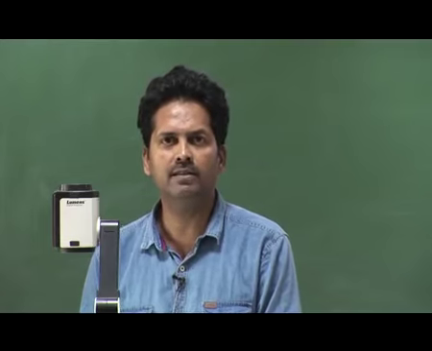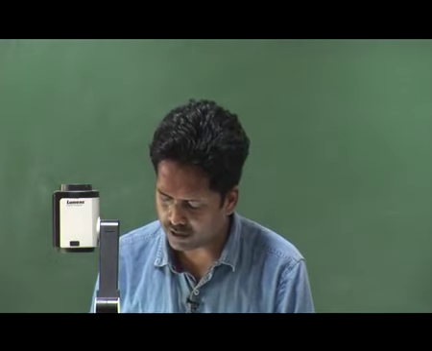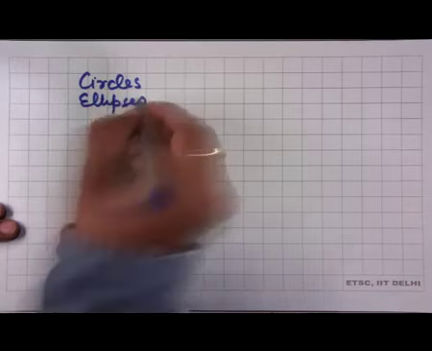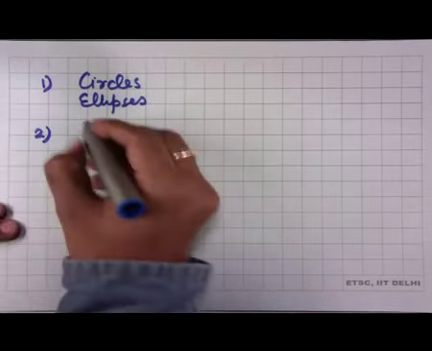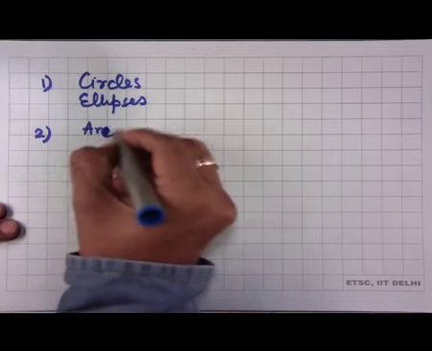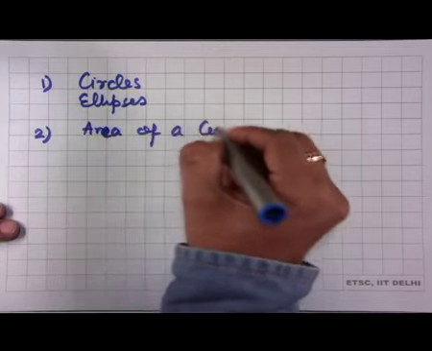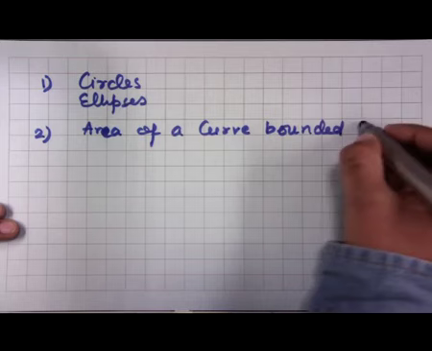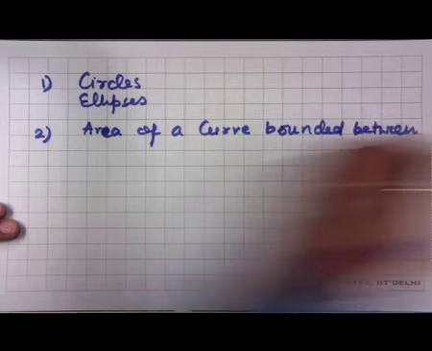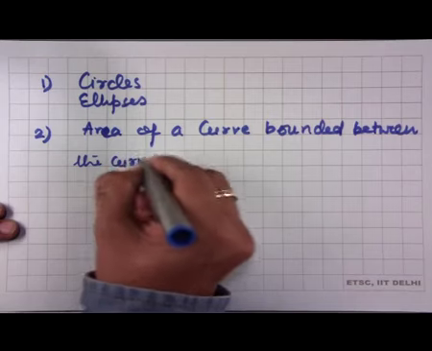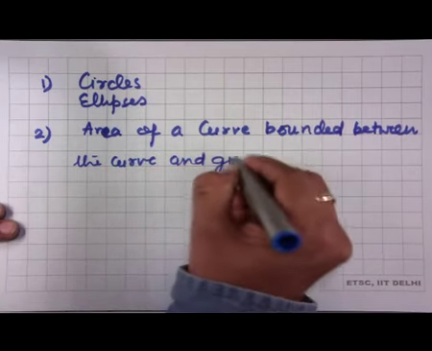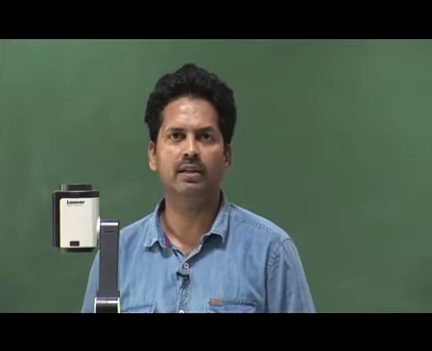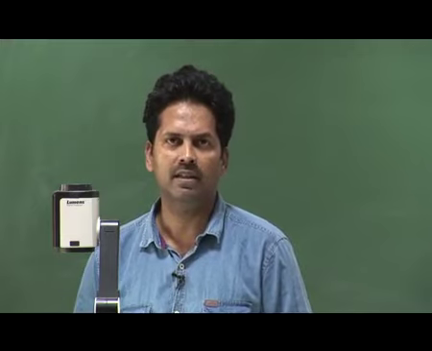We started with very simple shapes, like we have computed the area of circles, ellipses, and we have also computed the area of a curve bounded between the curve and a given line. In this sequence we proceed further and solve some more problems to understand the definite integral in a much better way.